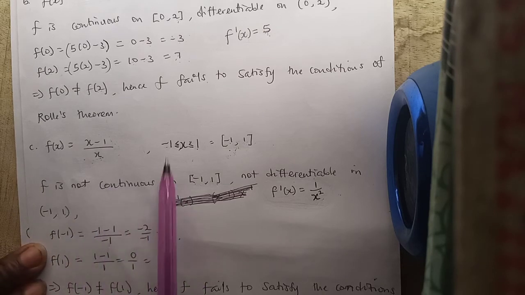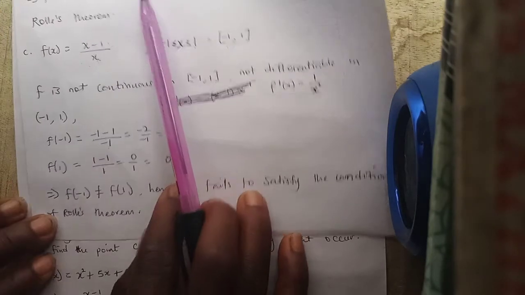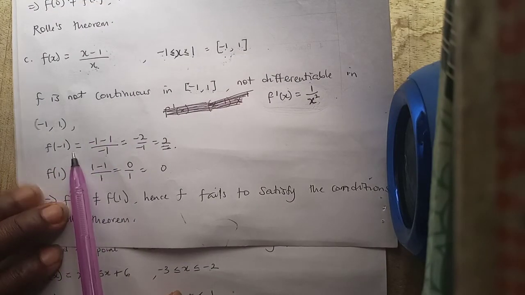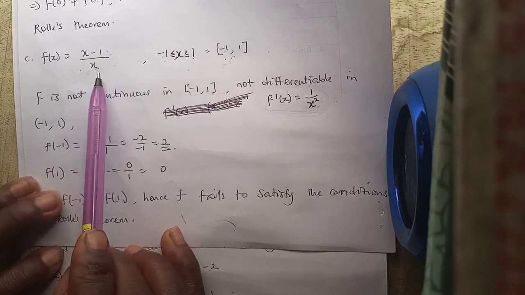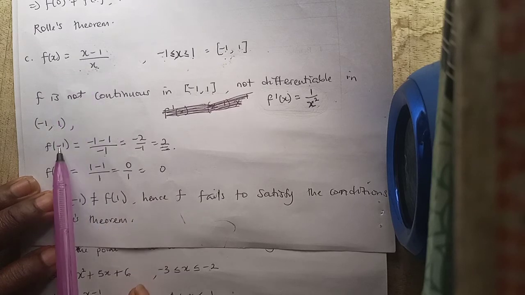So now we need to check if f of a is equal to f of b, because this is our a, this is our b. Now, our f of minus 1 here is, from the definition, f of x is x minus 1 over x. So f of minus 1 now: anywhere we see x, we replace it with minus 1.